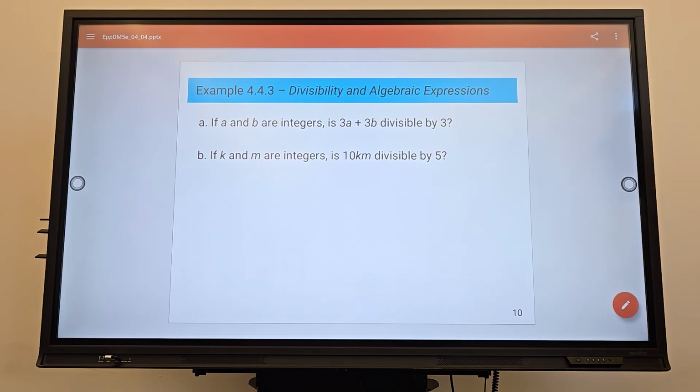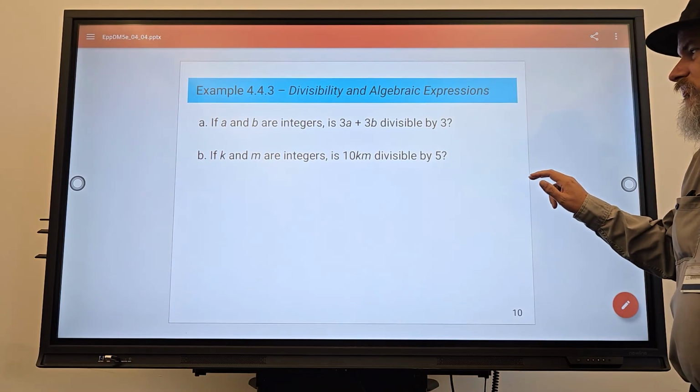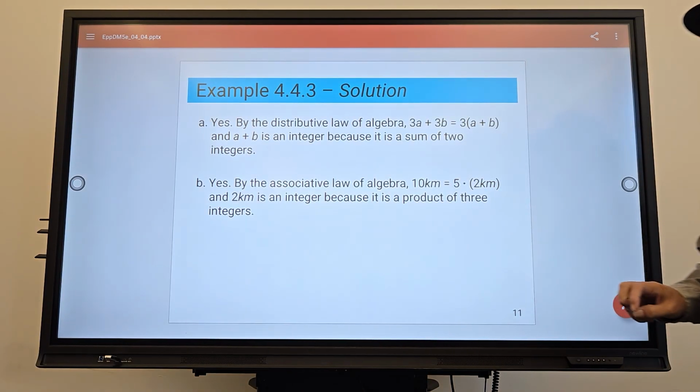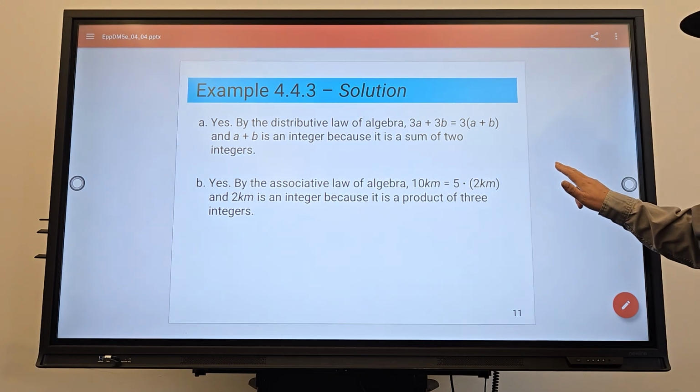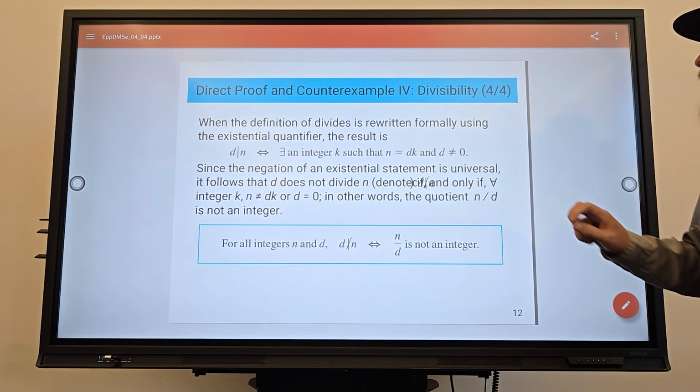If k and m are integers, is 10km divisible by 5? Yeah, because it would be 2km if you divide it by 5. So yeah, distributive law and associative law of algebra.